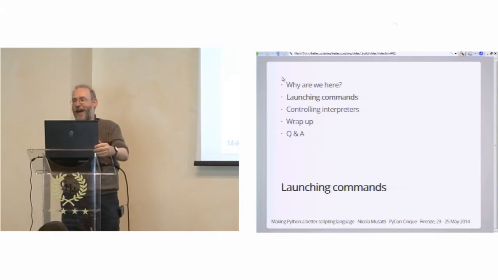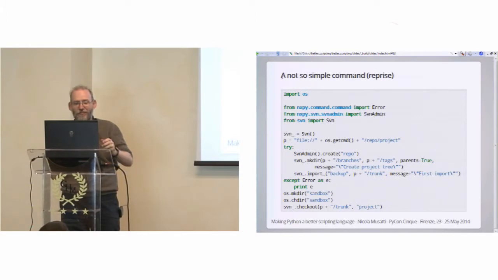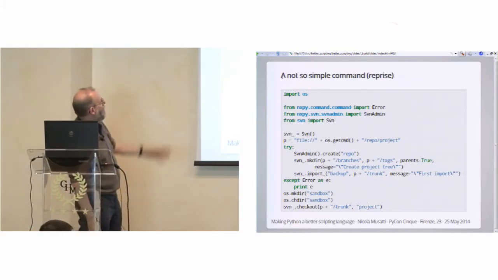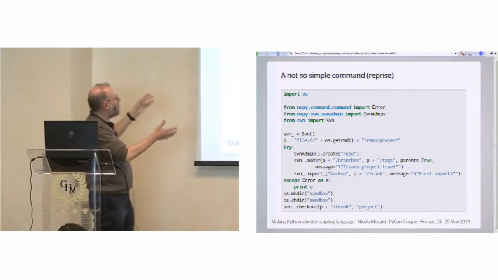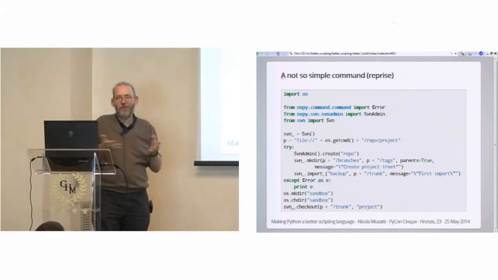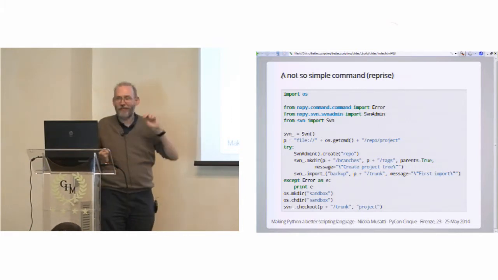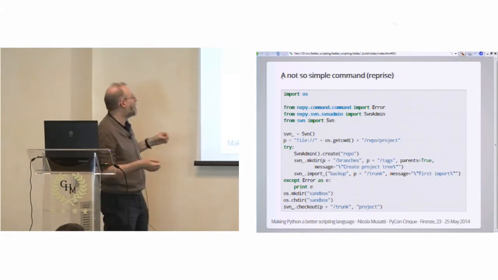So let's see how I dealt with this. This is what I want to do. When you look at it, it's not so different from my example, except for small but, what I feel are, important things.